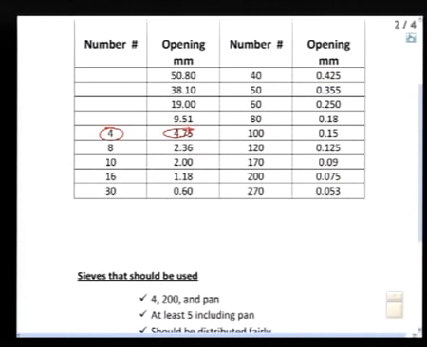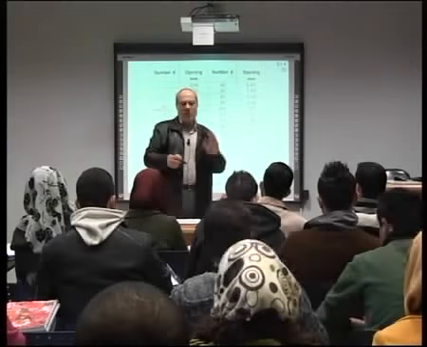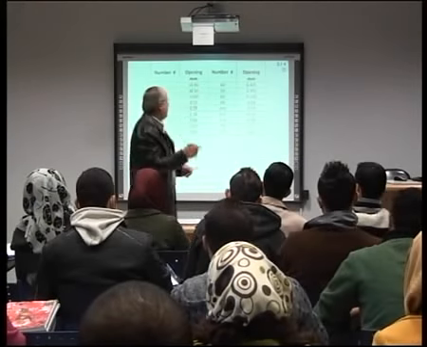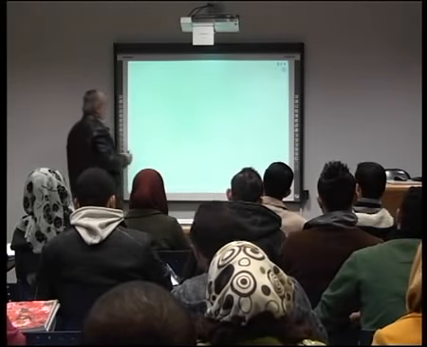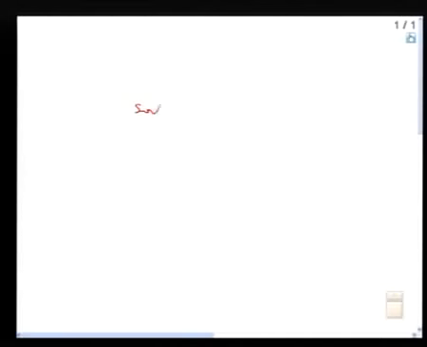What is important for us? Sieve number 4 is important. Why? It separates coarse and fines. Let us remember, soil is either coarse or fines.